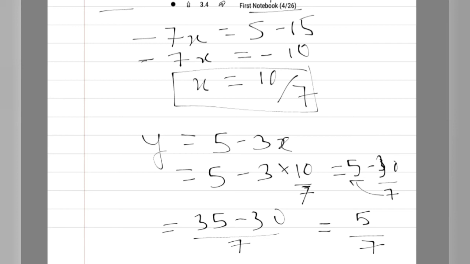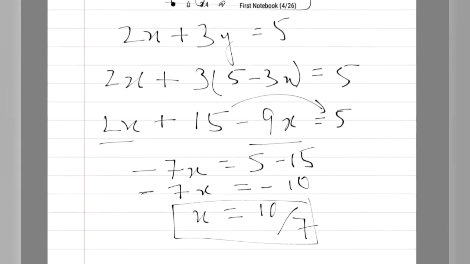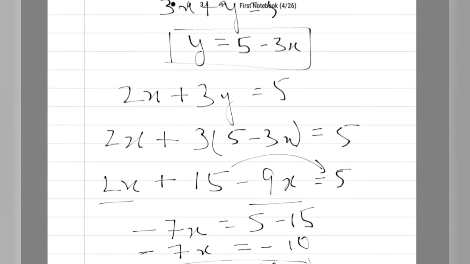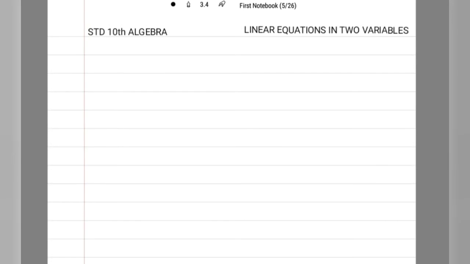Now both these methods are really very simple, but I prefer using the elimination method. It is simpler. Now we will try to solve the same example by the elimination method. Okay, so let's take it on another page.